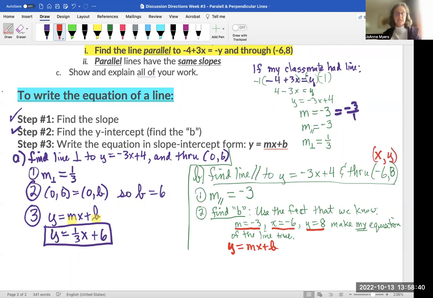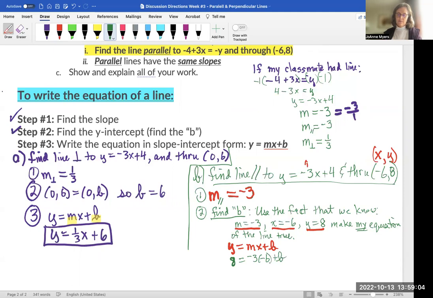X is negative 6 whenever y is 8. And this part right here is what tells me my m is a negative 3. Okay? So y is 8 when m is negative 3, and my x is negative 6.